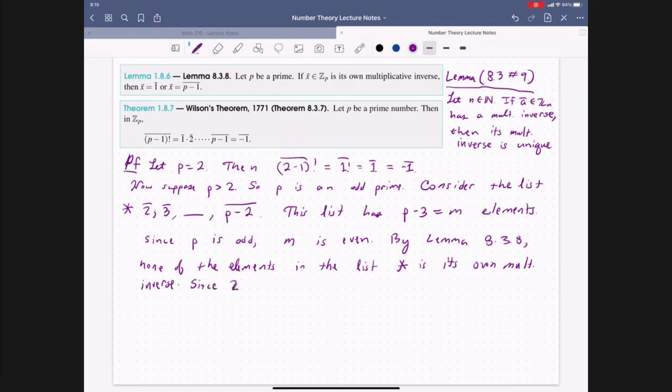So since Z_p is a field and they are non-zero elements, each element in the list has a multiplicative inverse.